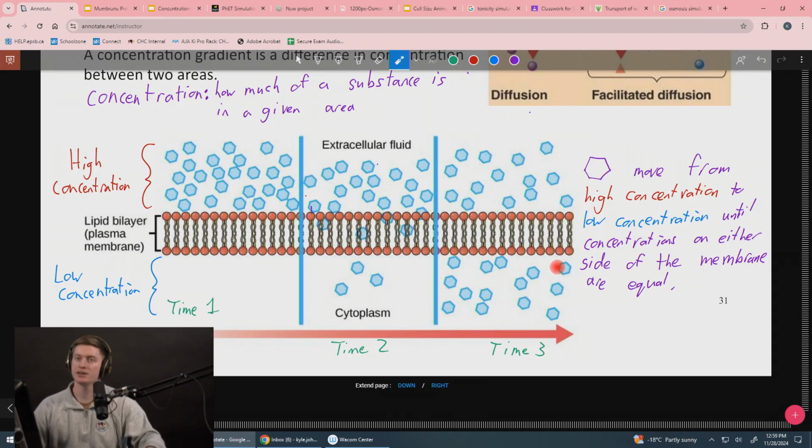At the end here, both of these have the same concentration. At the start, we had a higher concentration outside of the membrane, and at the end, the concentrations are equal. So they must have moved from the high concentration to the low concentration.